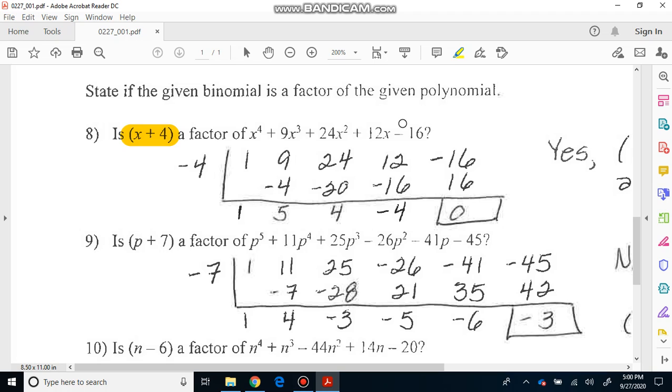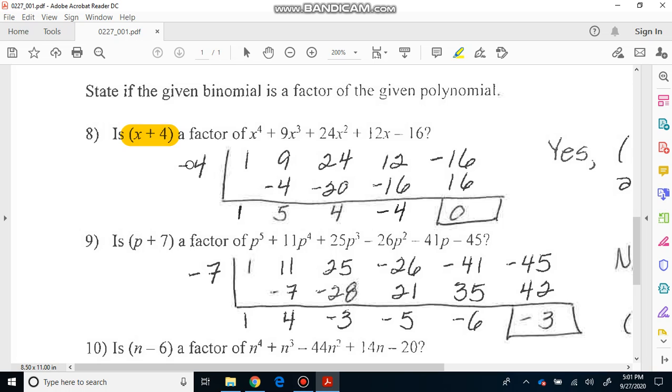So I've got 4, 3, 2, 1, 0. So those are my exponents, right? But I'm going to write down the coefficients. Those are the numbers in front. So no number in front of the x to the fourth. That is an implied coefficient of 1. So I write down 1, 9, 24, 12, negative 16.